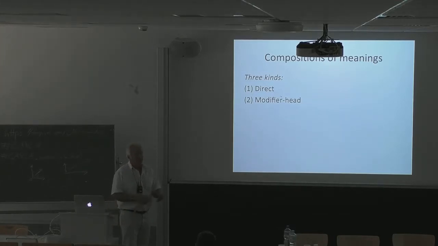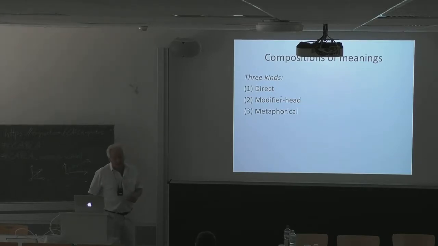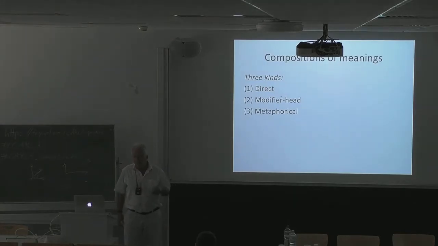A small elephant is still a big animal. That you have to have relative to the head here. And then there are metaphorical uses, and I'll say a few words about metaphorical word combinations. Not very much. Time is running fast here, but still, please interrupt me whenever you need to.